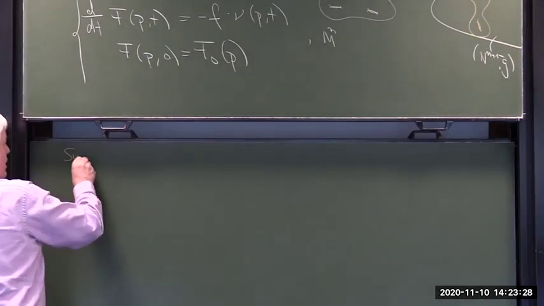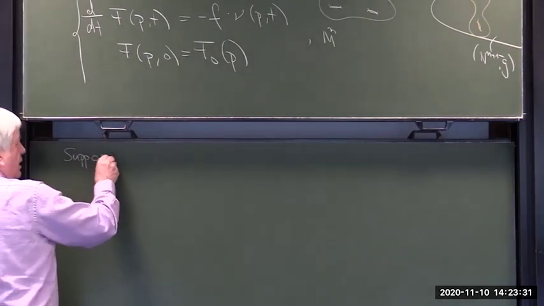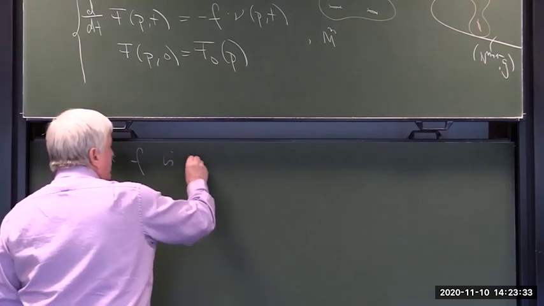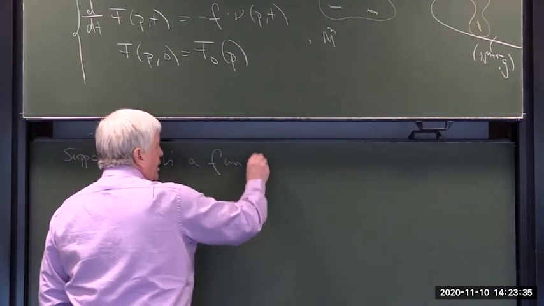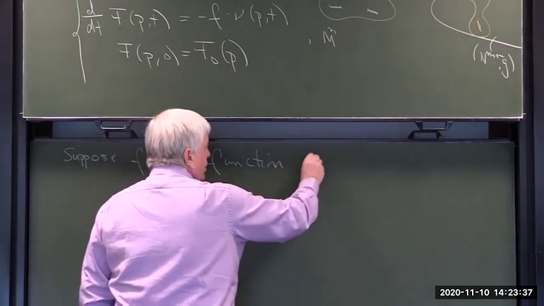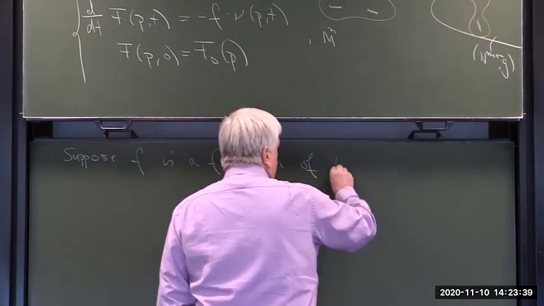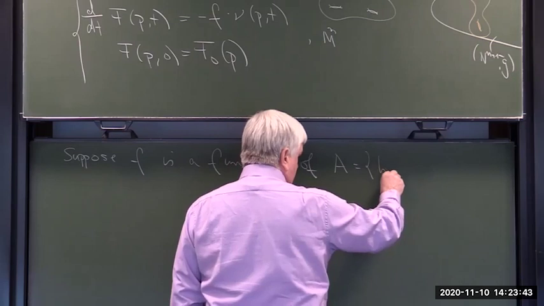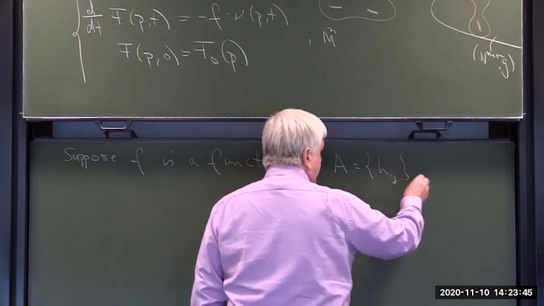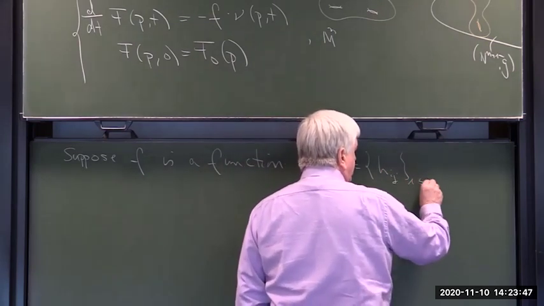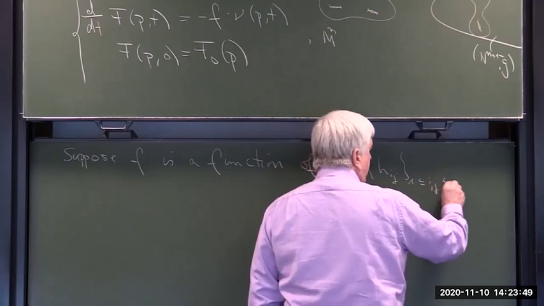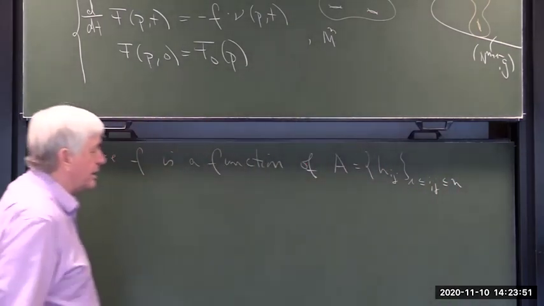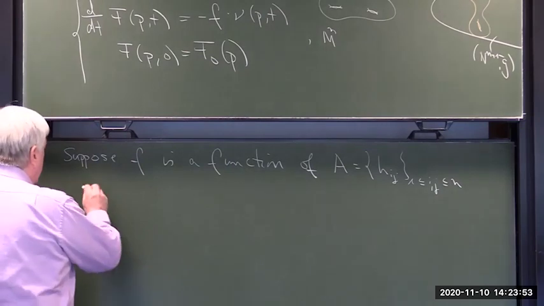So here suppose that f is a function of the second fundamental form, which has entries h_ij with respect to an adapted orthonormal frame.